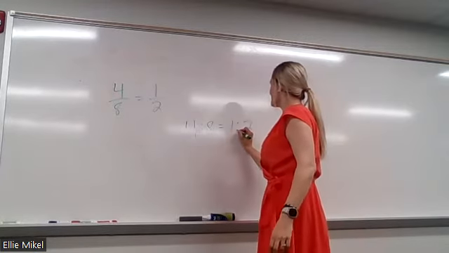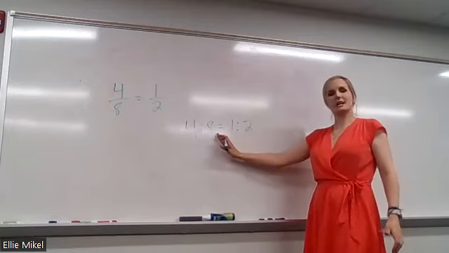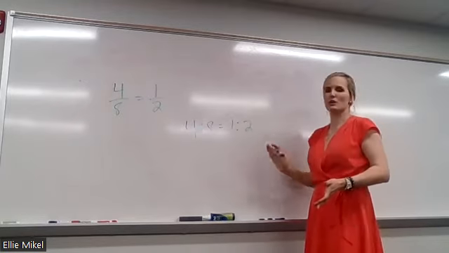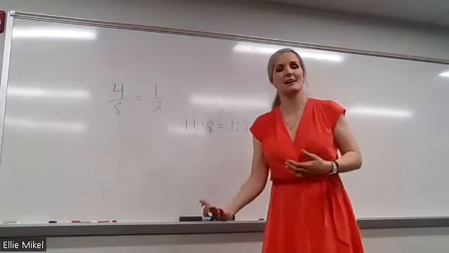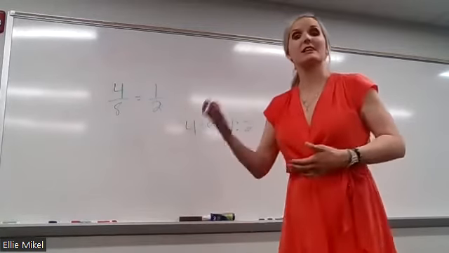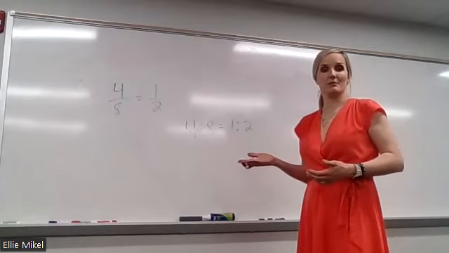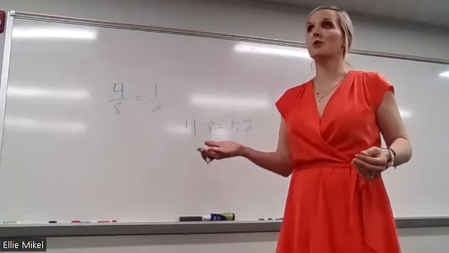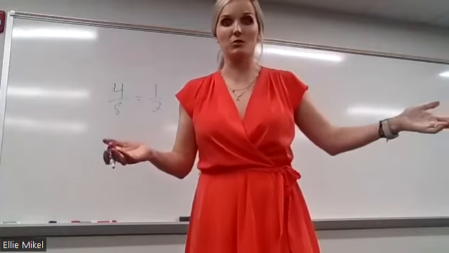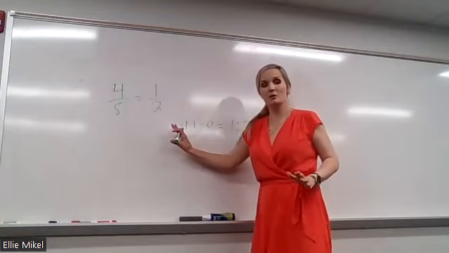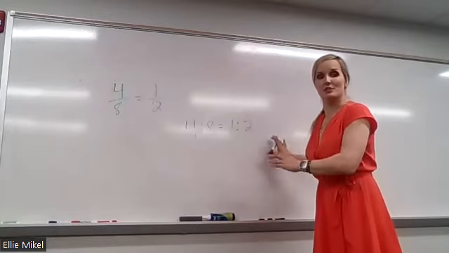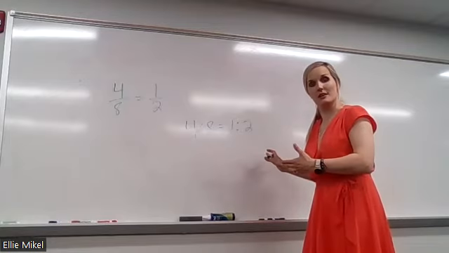All it means is I'm saying 4:8 the same way as 1:2. So a proportion is said out loud that way. We're saying 4 is to 8 as 1 is to 2. It's the same way as saying big is to small as hot is to cold, right? The relationship on this side of the equal sign is equivalent to the relationship on this side of the equal sign, right?